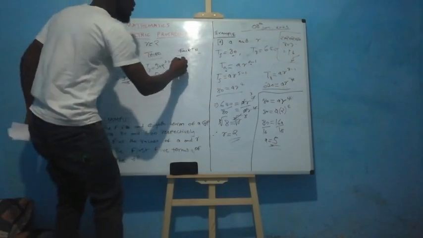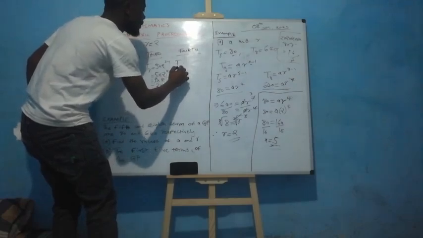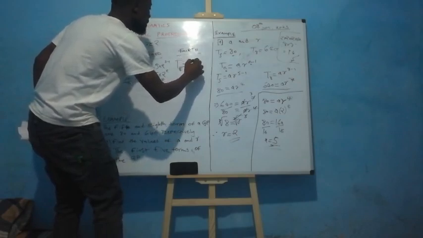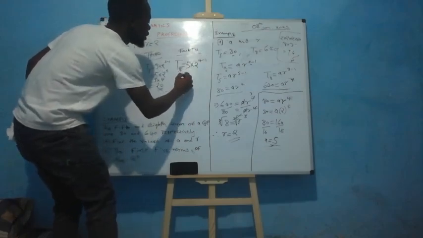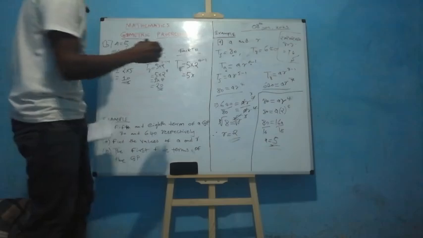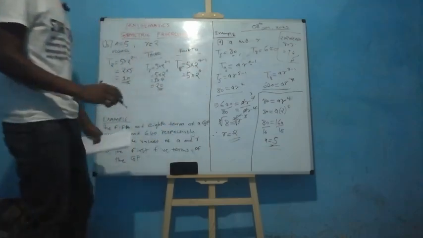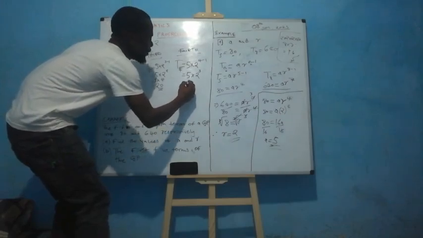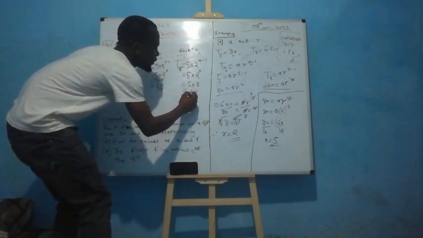Okay, so T4 shall be equal to, of course, we have our first term as 5 multiplied by our common ratio, which is 2, raised to the power 4 minus 1. Okay, so this shall be equal to 5 multiplied by 2 raised to the power what? This is going to be 2 cubed. 4 minus 1 is going to be 3. What is the cube of 2? The cube of 2 is going to be 8. So we have 5 multiplied by 8. 5 multiplied by 8, we're going to have 40.